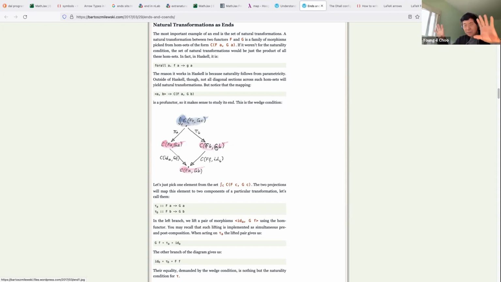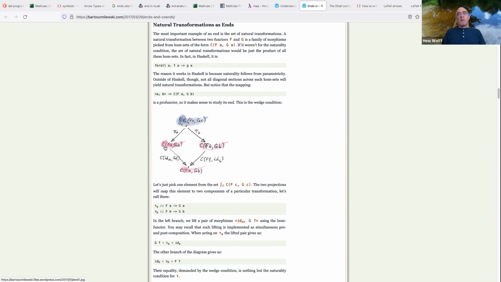And that's the end. If you pick out one point in that product, then its A coordinate gives you pi A, its B component gives you pi B, and so on. So the infinite tuple is a point in the set of natural transformations.